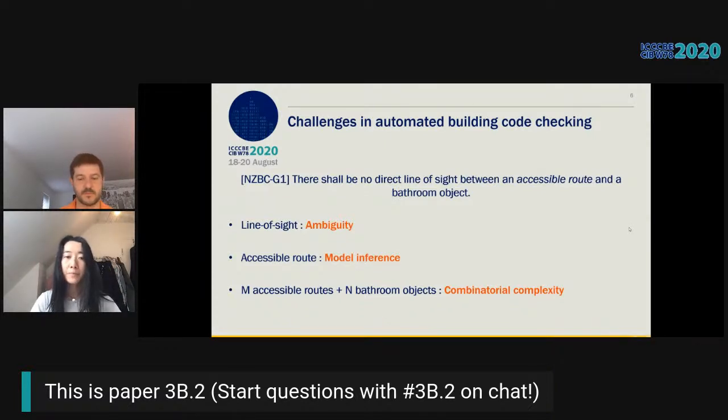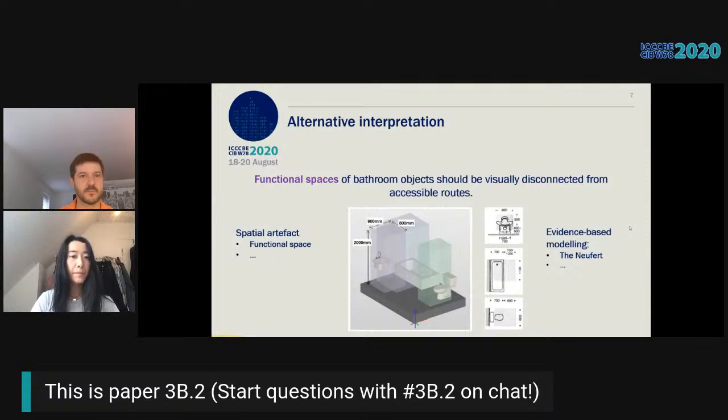So one possible interpretation of this code is to say that people using bathroom objects should also be visually occluded. And we capture this using functional space to model minimum clearances around objects, represented here as 3D boxes having dimensions that are based on the architectural guidebook Neufert from Germany.